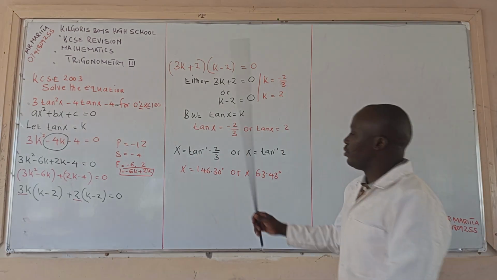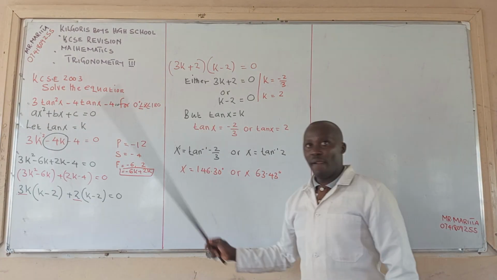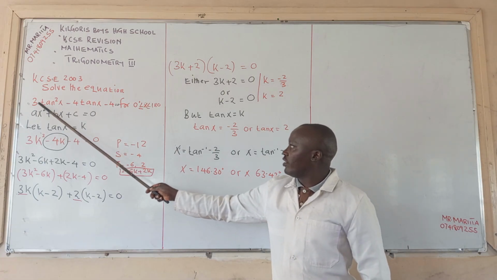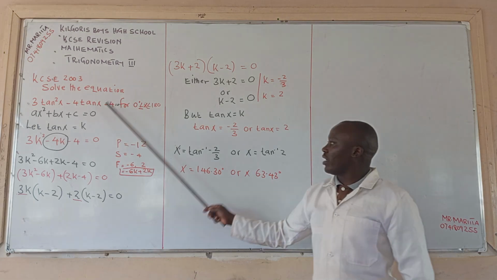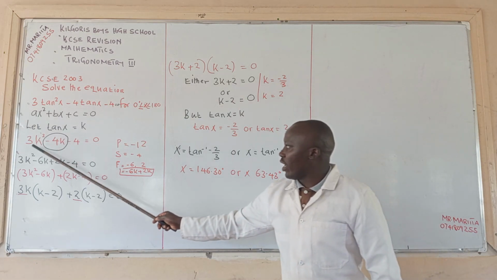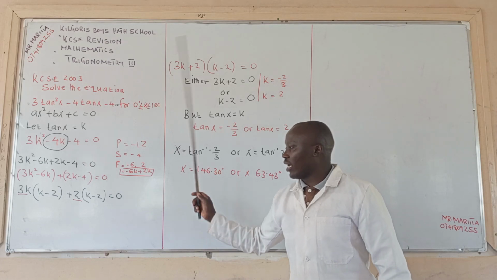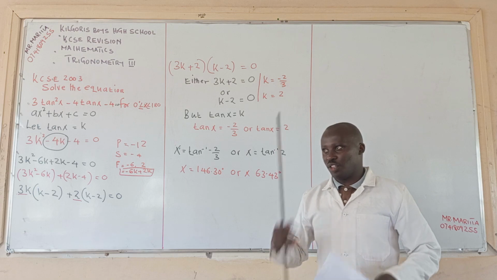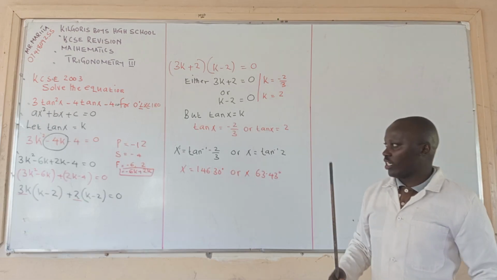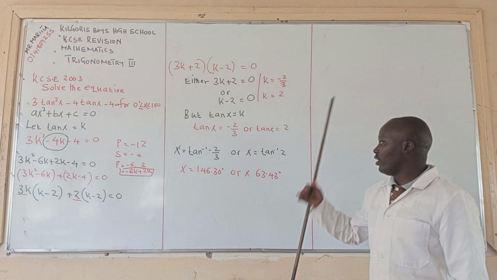So the first step, you let tan x be equivalent to k. Then you replace where we have 3 tan squared x minus 4 tan x minus 4 equals 0, so that it becomes 3k squared minus 4k minus 4 equals 0. That becomes our quadratic equation, whereby we use the sum and the product formula to find the value of k.